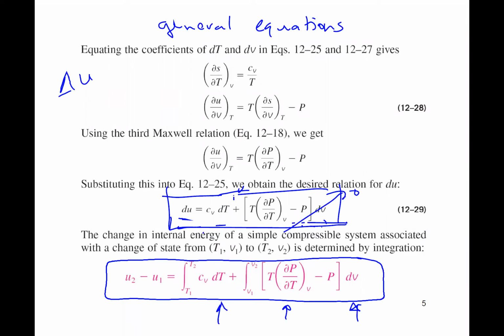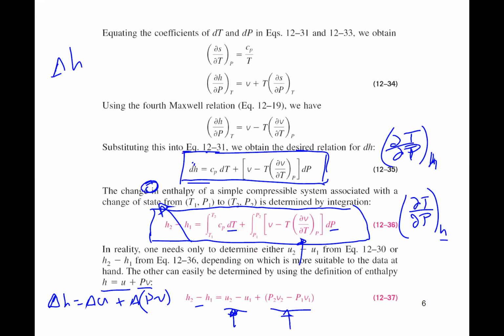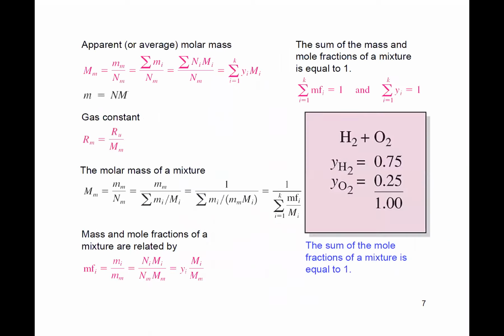And this goes away, specific volume 0, and you're just left with this part. Okay. And you do something similar with this equation for change in enthalpy too. Think about an isothermal process or constant pressure process and create a simplified equation there.